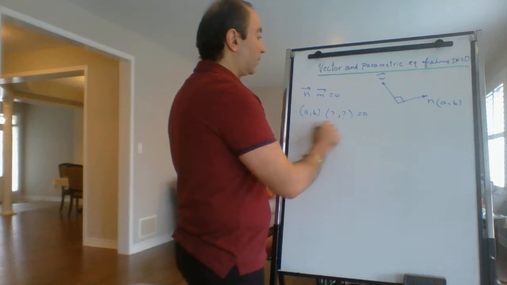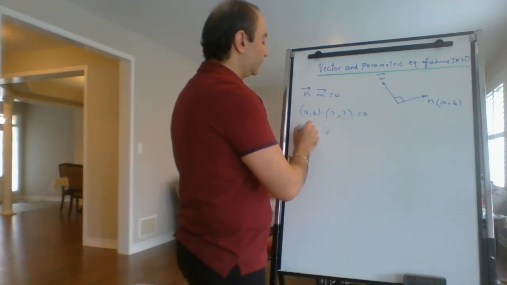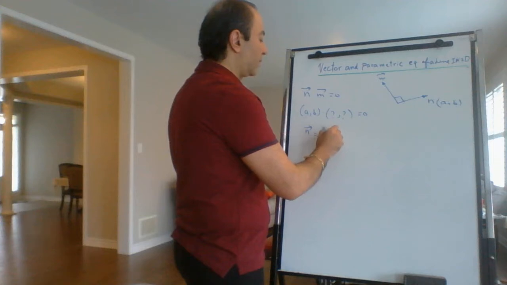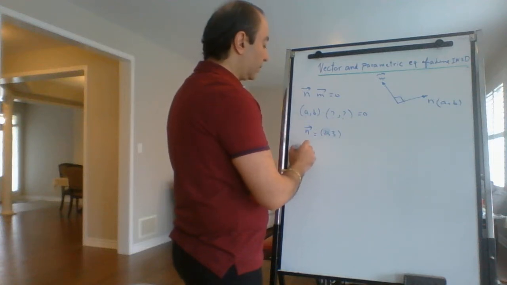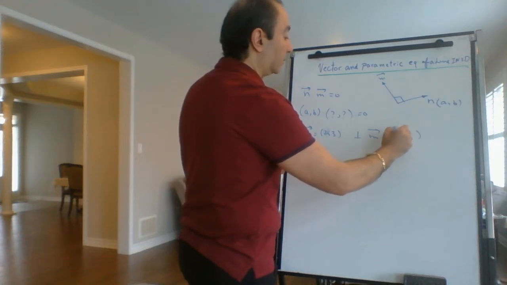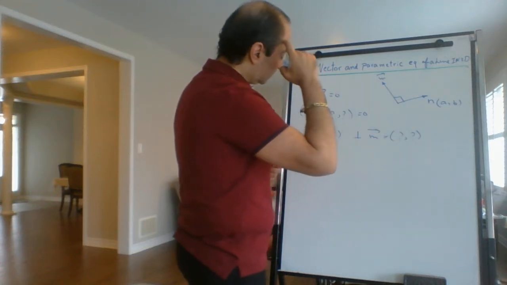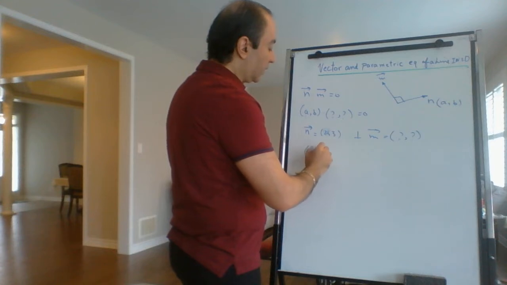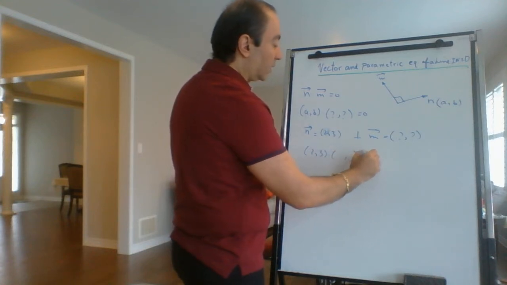For example, if n equals 2, 3, we need to find m that makes a 90 degree angle with it. So 2, 3 dot something will equal 0.